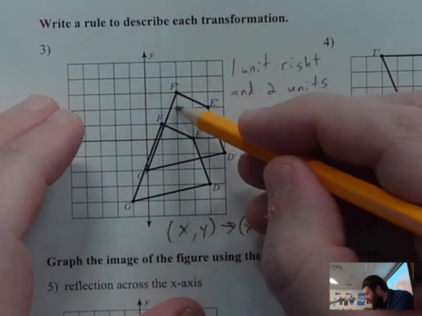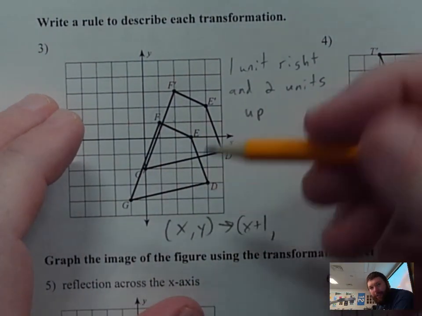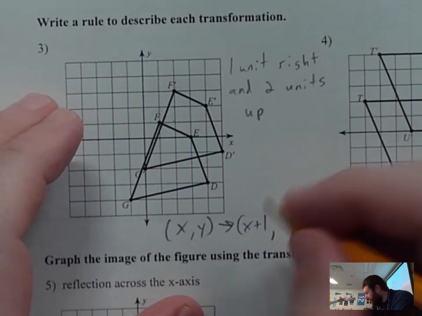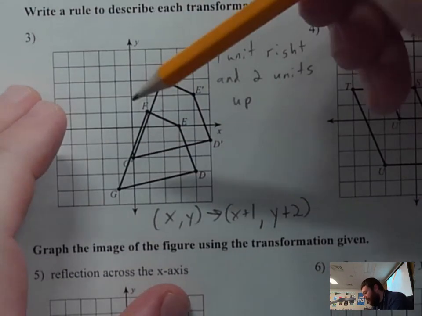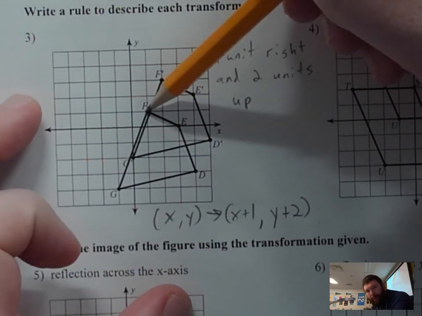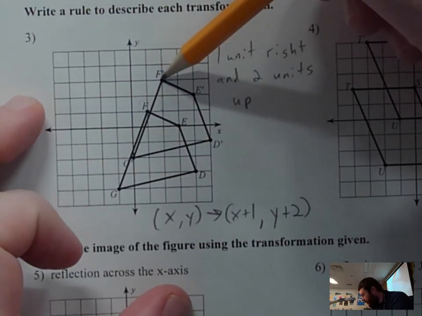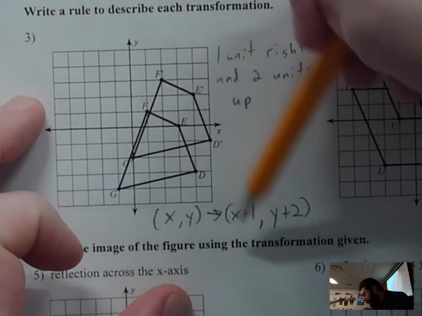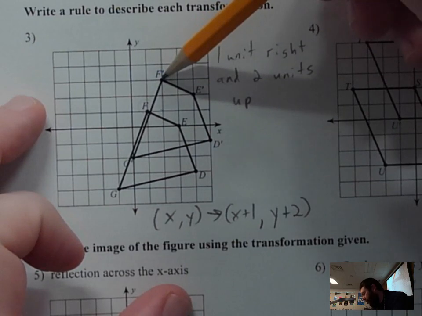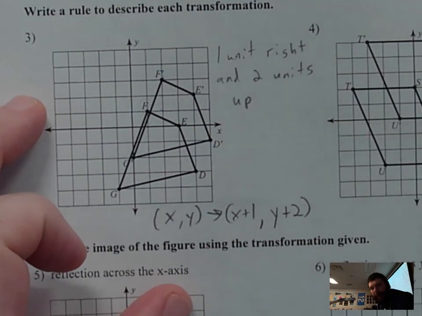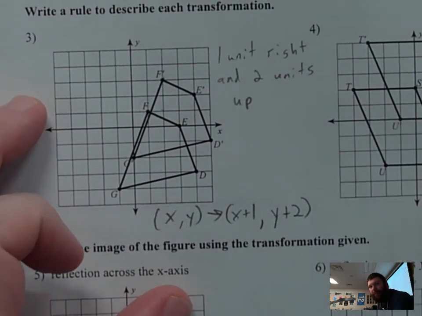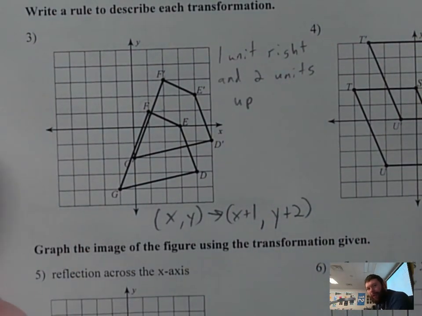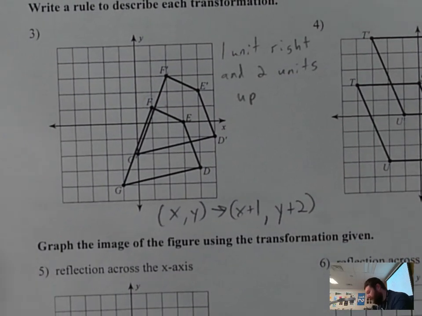And going 2 units up is 2 units in the positive direction on the y-axis, so I could add 2 to the y. That makes sense because this point is (1, 1), and this next point over here is (2, 3). 1 plus 1 is 2, 1 plus 2 is 3. So either way you could write the description or rule for translations.